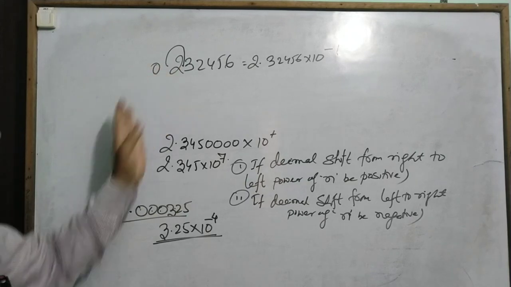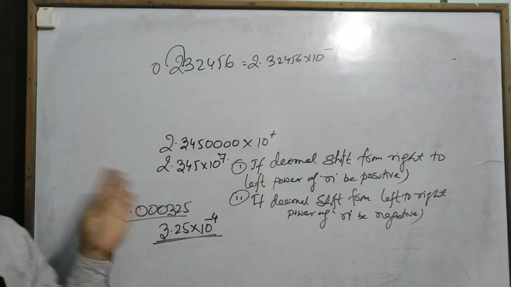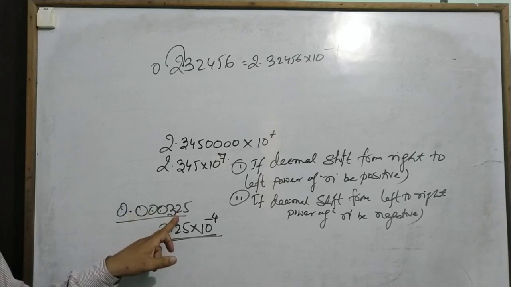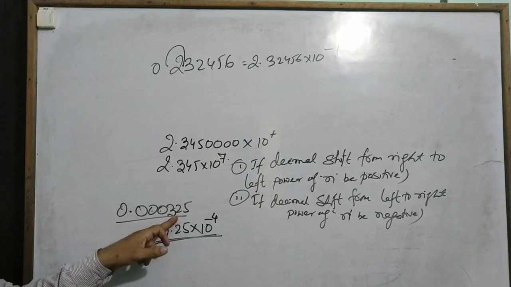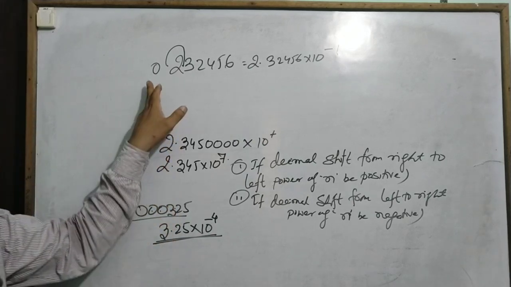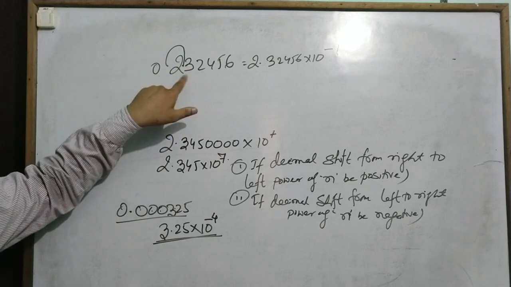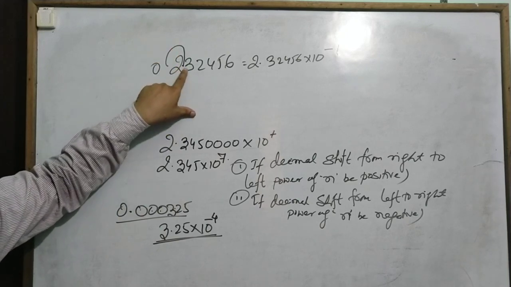It doesn't matter that zero is at the start; the first digit is not zero. You find the first natural number, which here is 2, so the decimal will shift to after the 2.